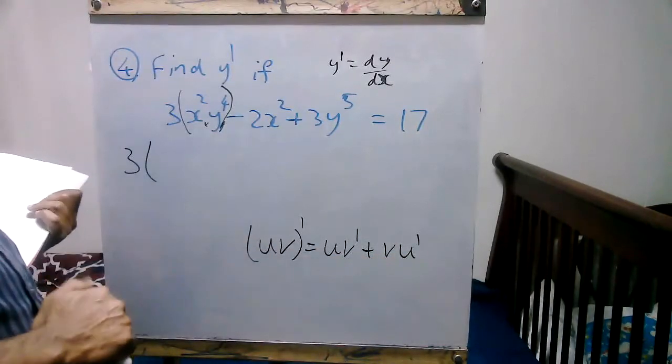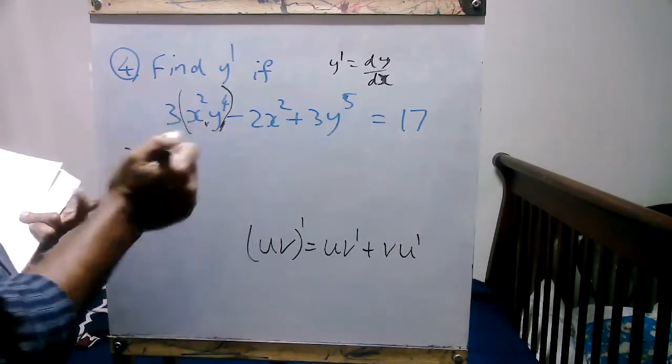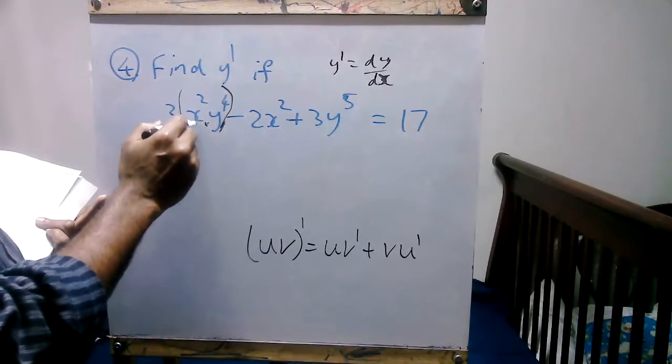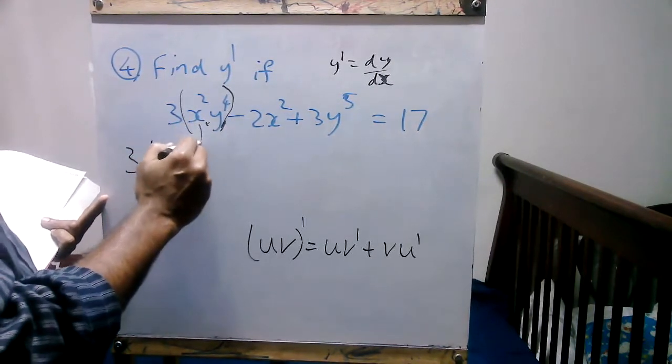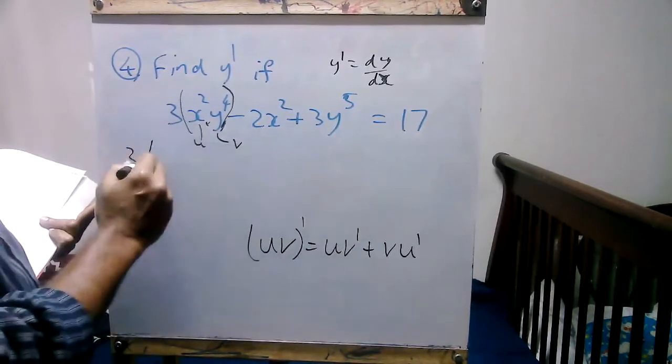Remember these formulas: product rule, quotient rule, right? Now this is u and this is our v.